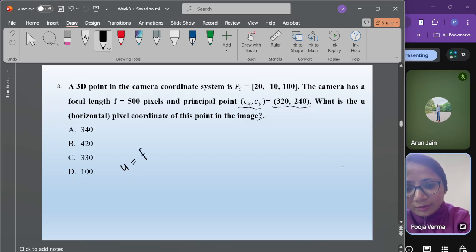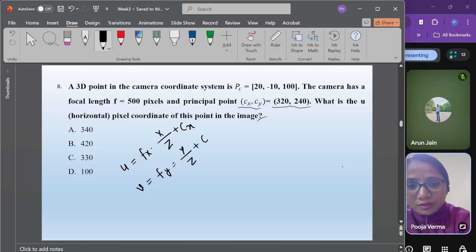It is represented by u = fx times X by Z plus cx. Similarly, the vertical pixel coordinate is v = fy times Y divided by Z plus cy.